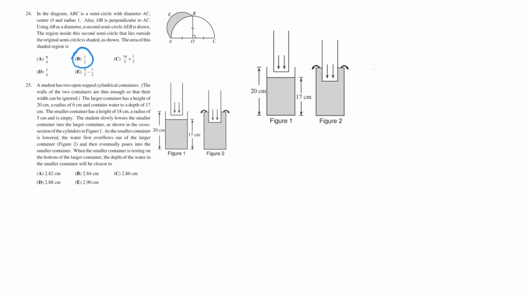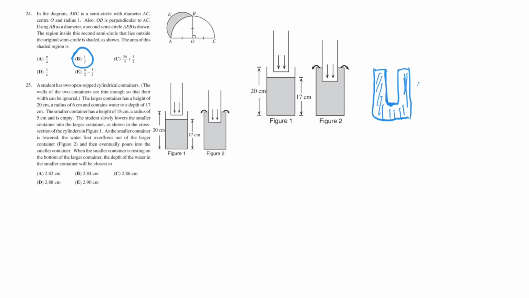As the smaller container continues lower down, we come to Figure 3. That's the situation here. Because the tops line up, the water right now is all of this part.